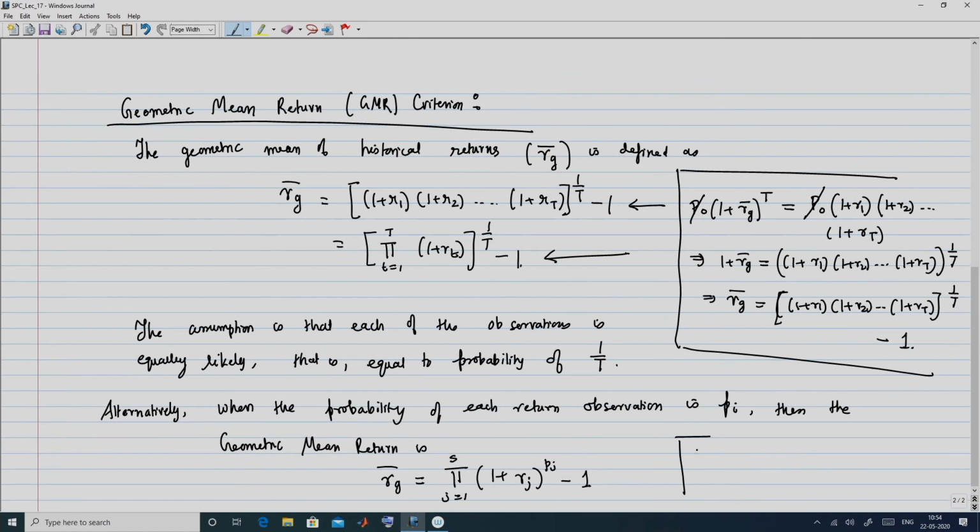Here you observe that instead of T I have replaced it with S, and instead of small t I have replaced this with j. So, basically I am considering S number of periods just to distinguish it from the notation I have here. And here of course, my 1 by T is being replaced by my Pj, and your Rt is replaced by Rj.